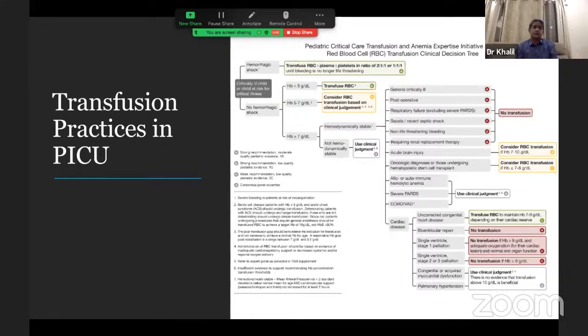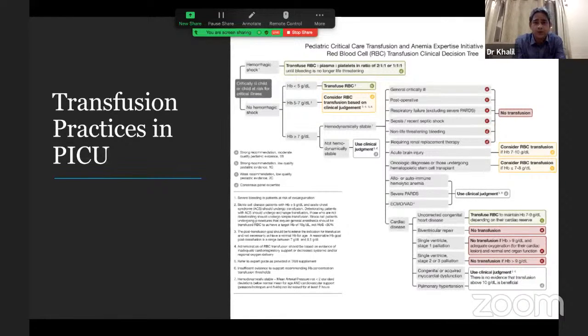Again, when the transfusion requirements are massive, ideally you should combine your red blood cell or your whole blood transfusion along with your plasma or platelets, either in the ratio of 2 is to 1 is to 1 or 1 is to 1 is to 1. Because if you give only red blood cells without giving plasma or platelets, it leads to hemodilution, and it may lead to a vicious cycle of more bleeding.